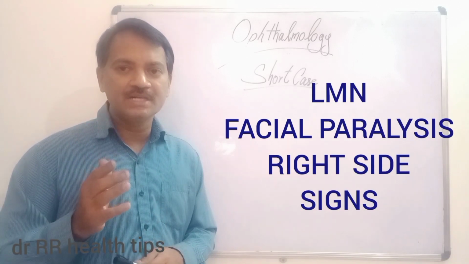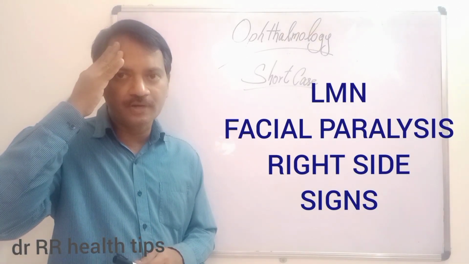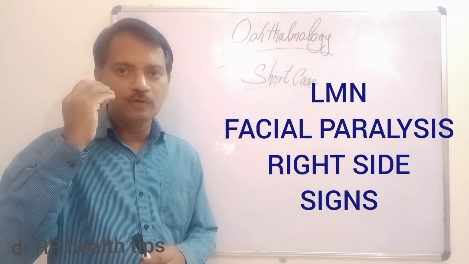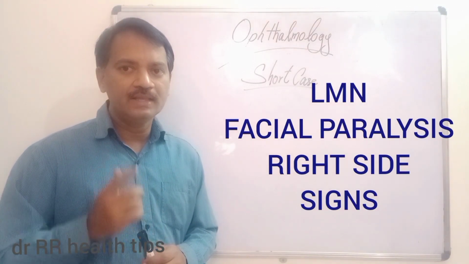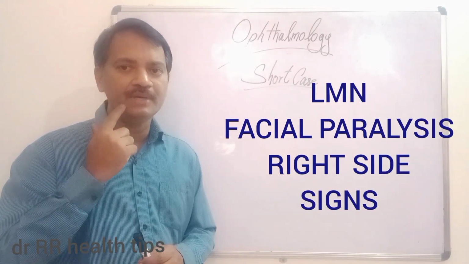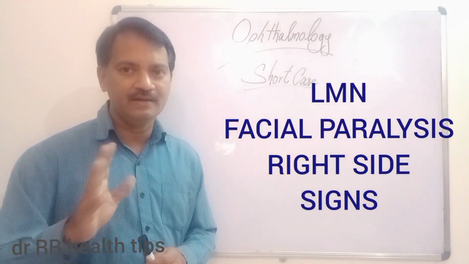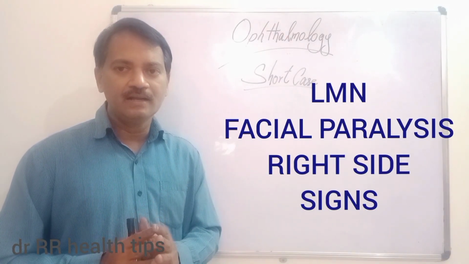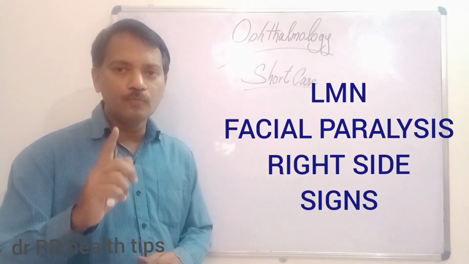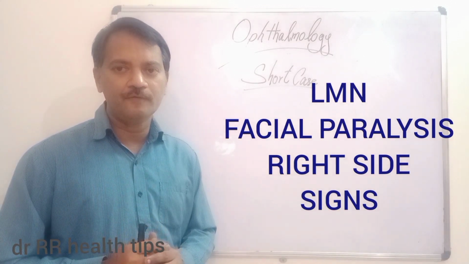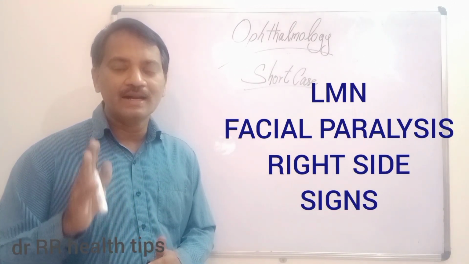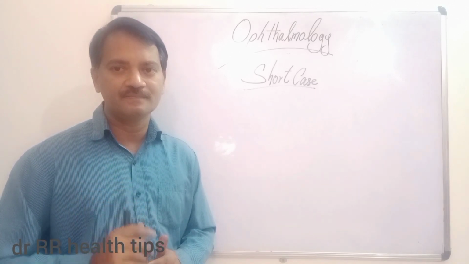There is absence of wrinkling on the forehead on the right side. The eye is not able to close fully. There is absence of labial fold on the right side. So all these things point to a lower motor neuron type of facial paralysis on the right side.